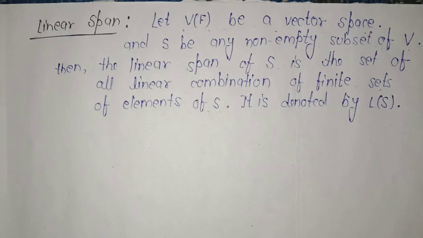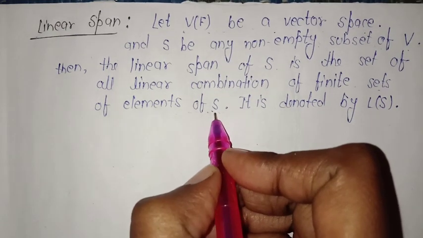That type of elements will be contained in a set, and that is called the linear span.